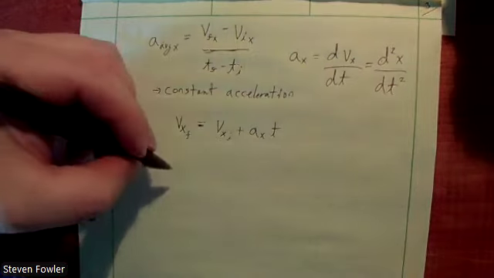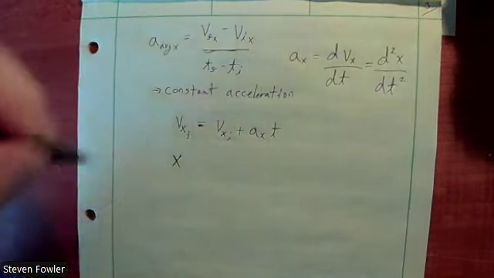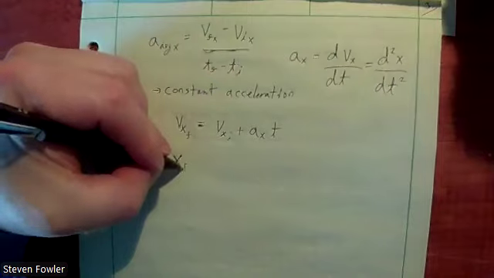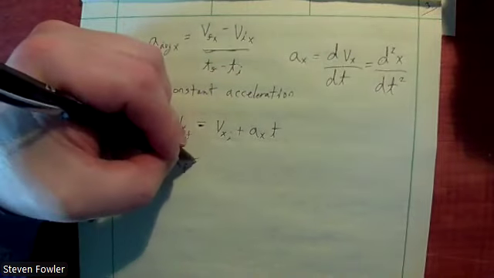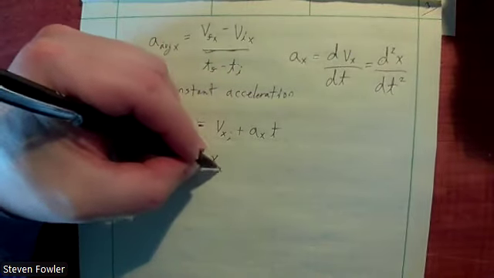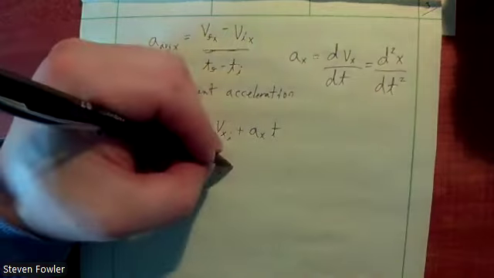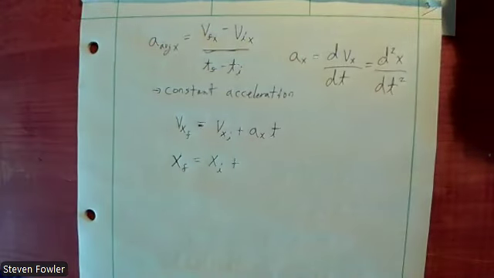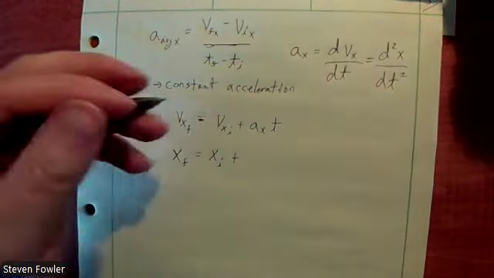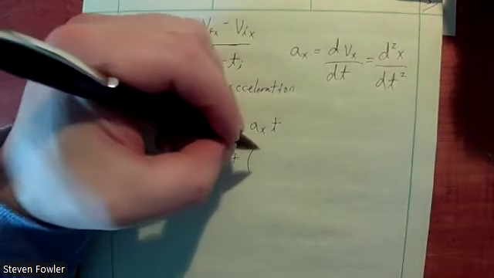And we can do something similar with the x position. So the x final location is going to equal the initial x location plus, there's a few ways I can do this. One way is I can add to it the average velocity.